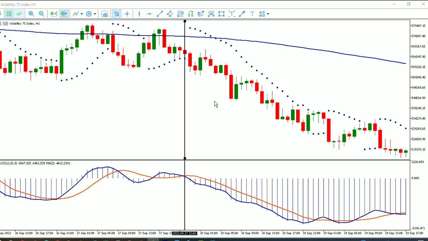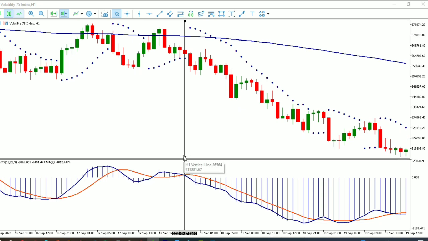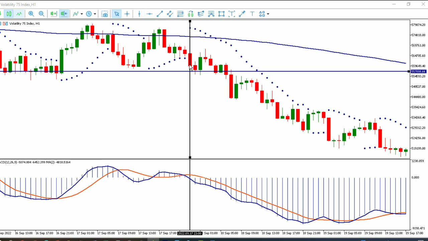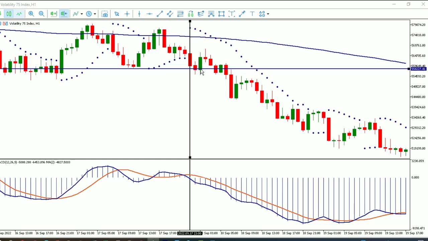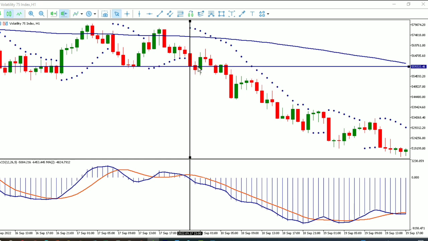So we want to confirm the trend again. After the crossover here, we are going to wait for the next candle, which comes right here, where the market is now below the parabolic SAR. And once we see that, we're going to sell at the close of that candle right here. This is where we are going to be selling.